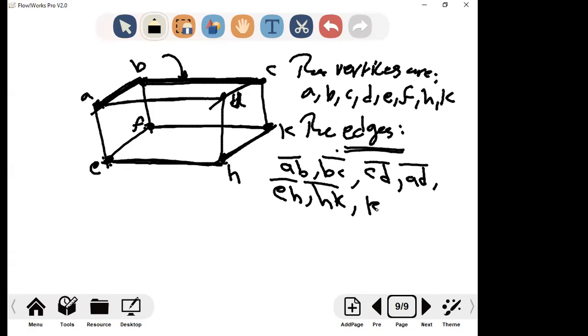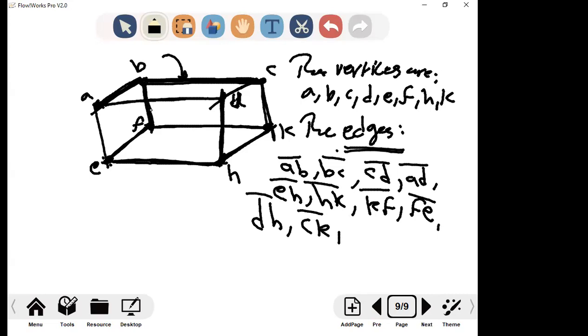KF. And this one, FE. Right? So how about this one? DH. How about this one? CK. How about this one? DF. And how about this one? AE, right? Let's count them. 1, 2, 3, 4, 5, 6, 7, 8, 9, 10, 11, and 12, right? So we have 12 edges.